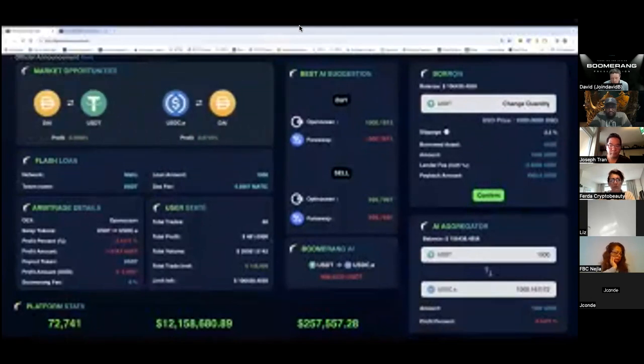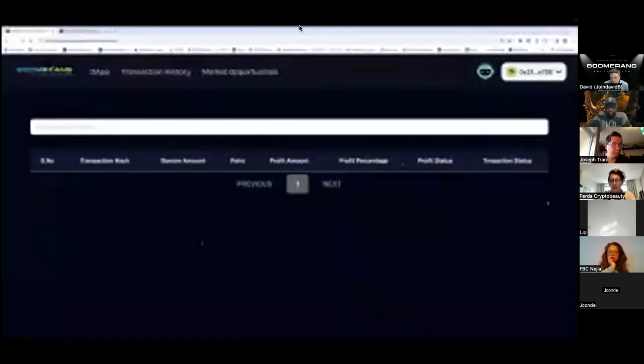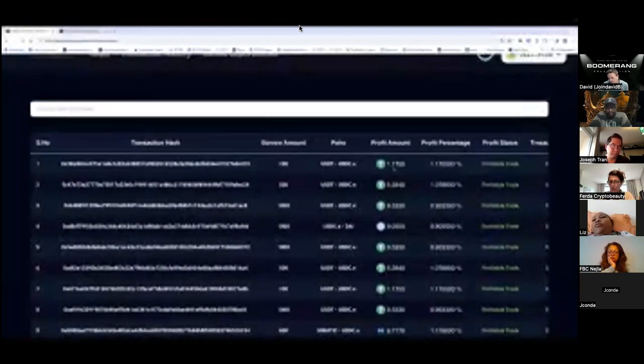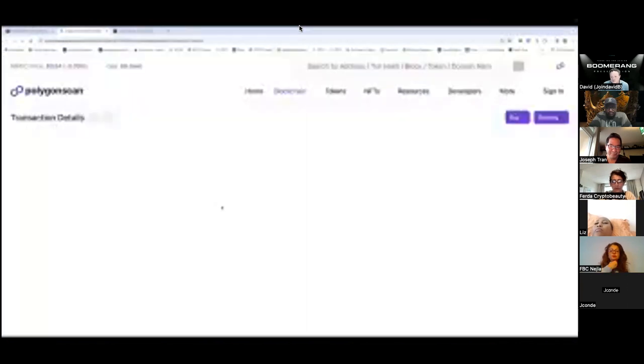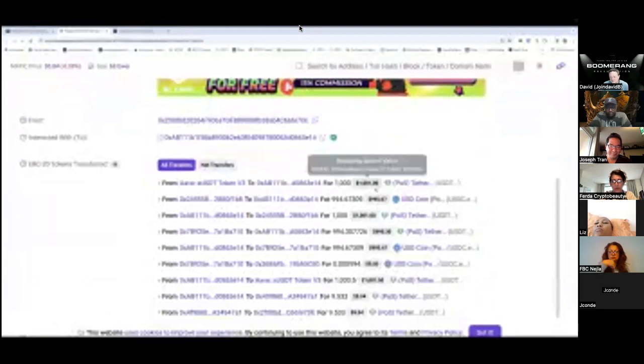So let's see, you can also go to the transaction history, and you can see in the transaction history I did $100 with 1.1. You see 1.17, 1.17, 0.95. Even this $1,000 trade, you can click here on the $1,000 trade. So with the flash loan, I borrowed 1,000 in the USDT, and I made $9.54.